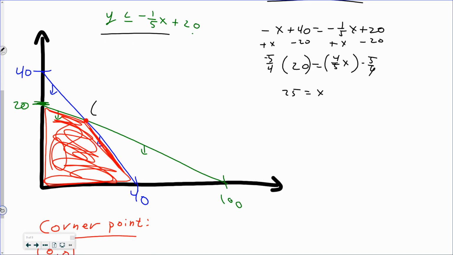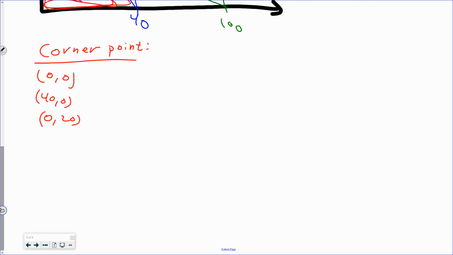So my x value here is 25, and I just need to figure out, well, what's y going to be? Plug it into whatever equation you want. The blue one was pretty easy. So you get y is 15. And that's my last corner point. That could be a possible solution. Everyone with me? So my last corner point is 25, 15.